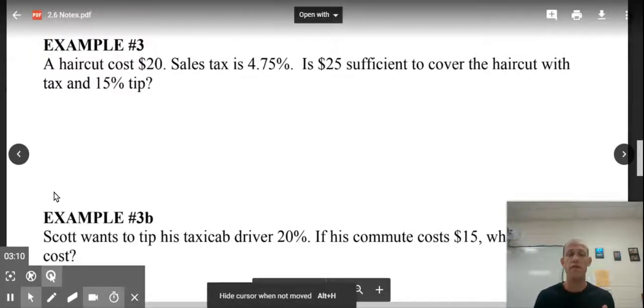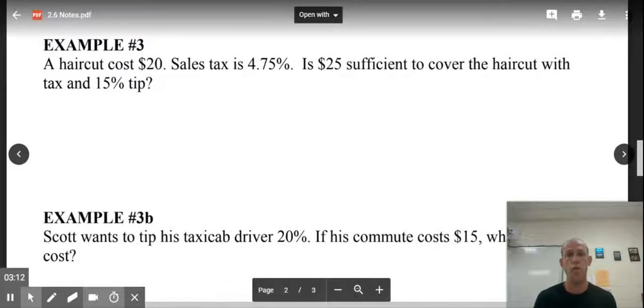So you will have the tax figured in, but the tip won't be, because that just depends on how gracious you are. This problem tells us we're going to do a 15% tip. So the tip happens after the tax is actually on the dollar amount. We first have to do the tax. That's our new amount. Then we have to do the tip after that.